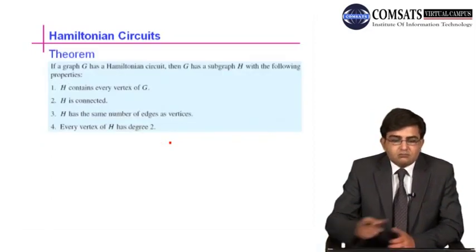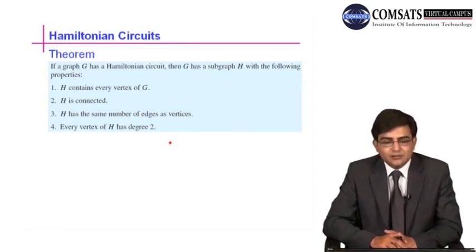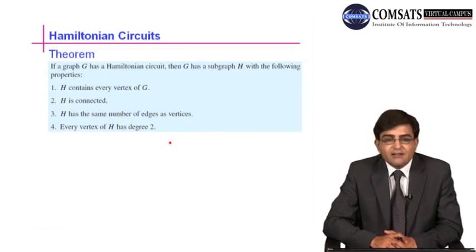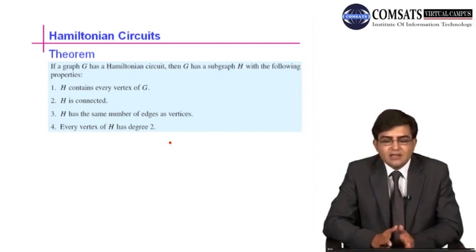So now there is an important result in which the conditions will help us to find a Hamiltonian circuit in the graphs. If we are given a graph G and it has a Hamiltonian circuit, then G has a subgraph H with the following properties. Now the Hamiltonian circuit basically is a subgraph H which has these properties.